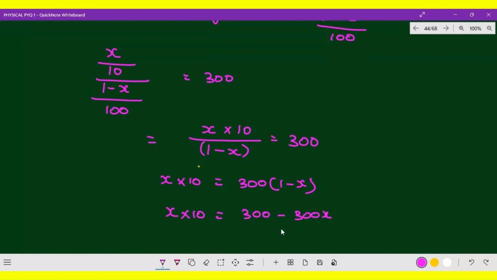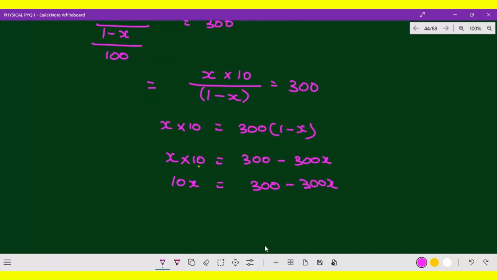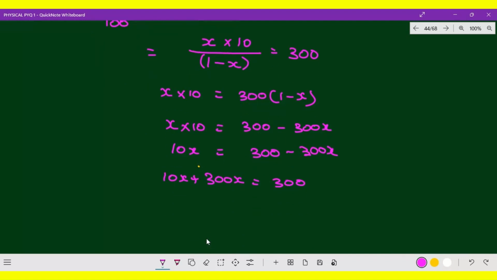Now 10x equals 300 minus 300x. Bringing all the x terms together, 10x plus 300x equals 300. So x equals 300 divided by 310.